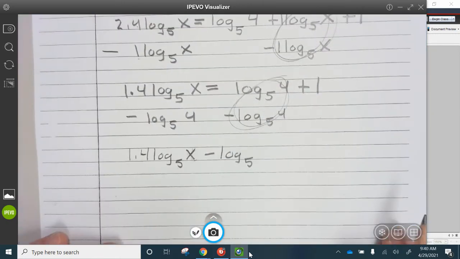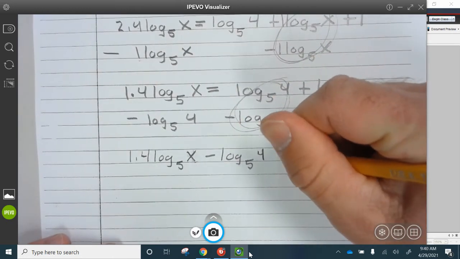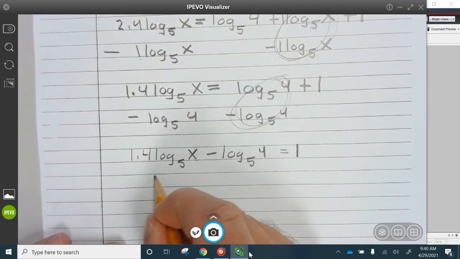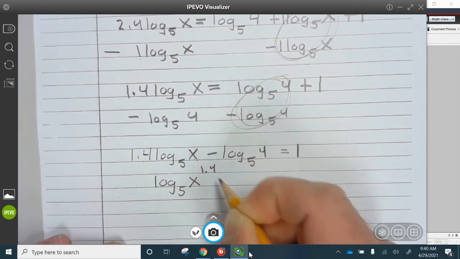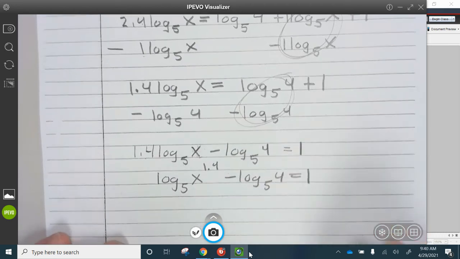Always make sure you're careful what you're writing. Now, this can go to the exponent, so then that's log base 5 of x to the 1.4 minus log base 5 of 4 equals 1.